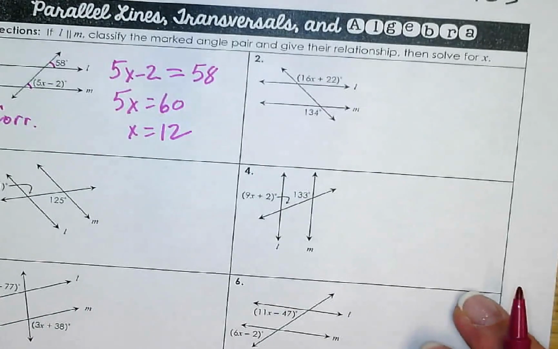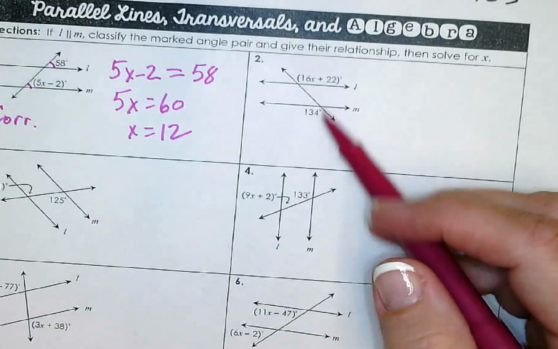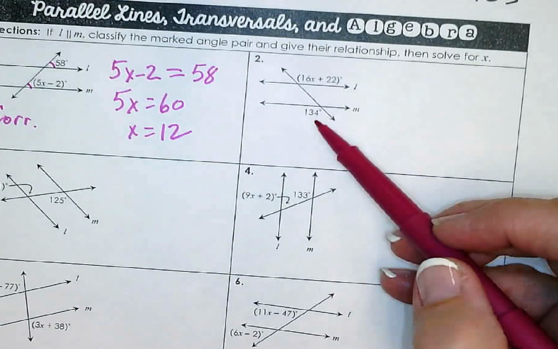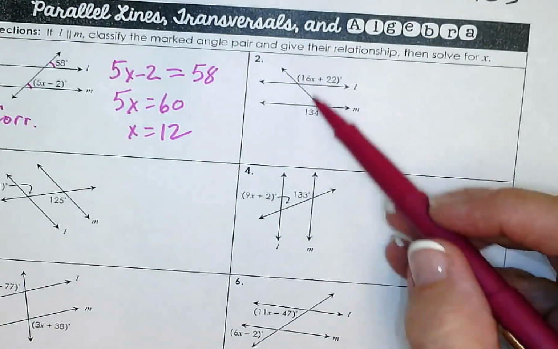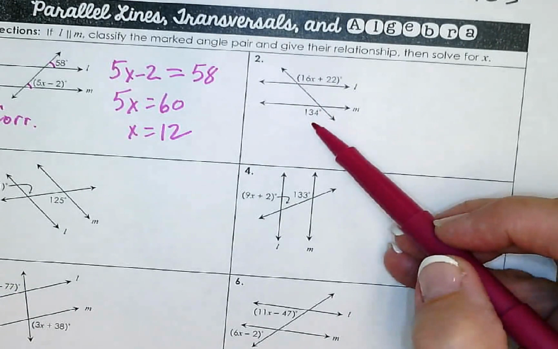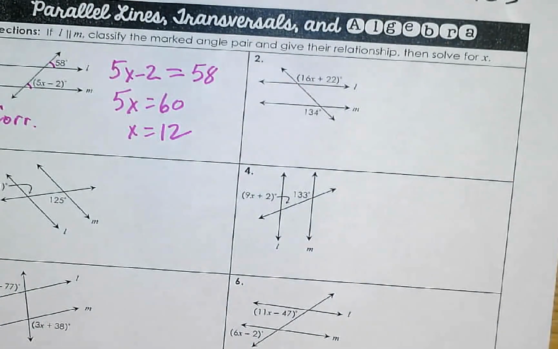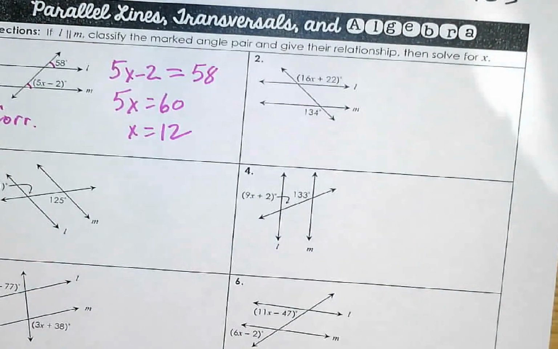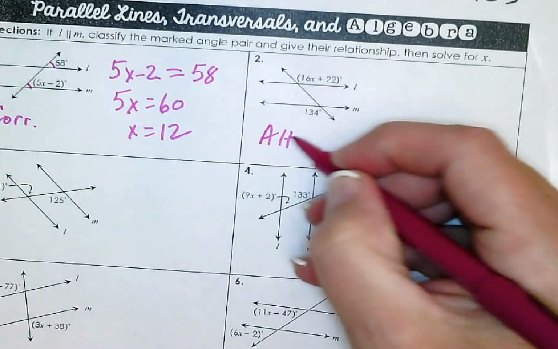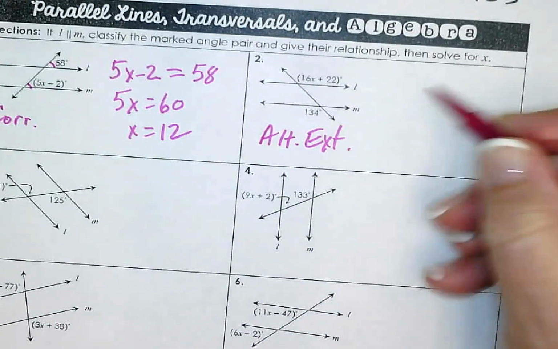Okay. Number two. Again, looking at what kind of angle pair it is, we can see that they're both exterior and they are on alternate sides of this transversal here. So alternate exterior angles are equal. Alternate exteriors.